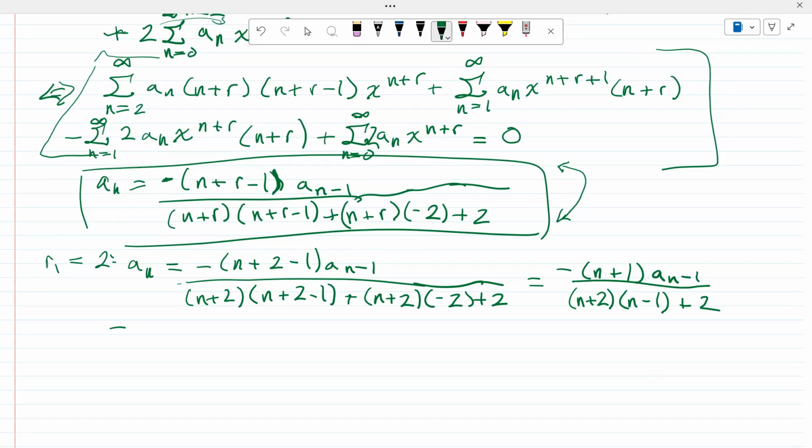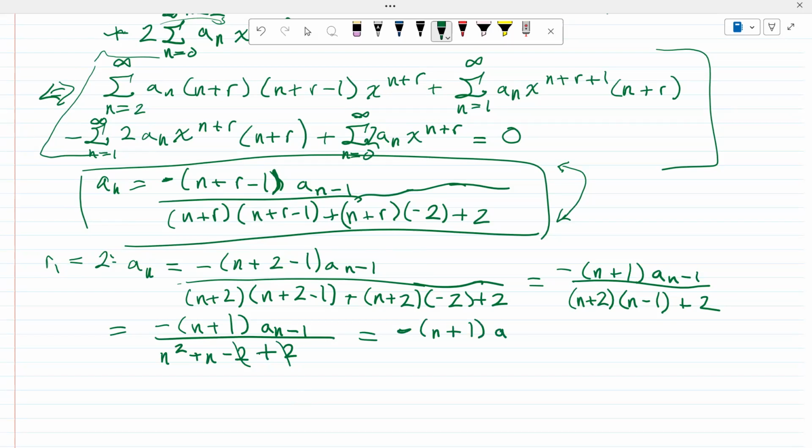Now this is going to simplify to negative n plus 1 an minus 1 divided by n squared plus n minus 2 plus 2. So these cancel out, we get negative n plus 1 an minus 1 divided by n times n plus 1.